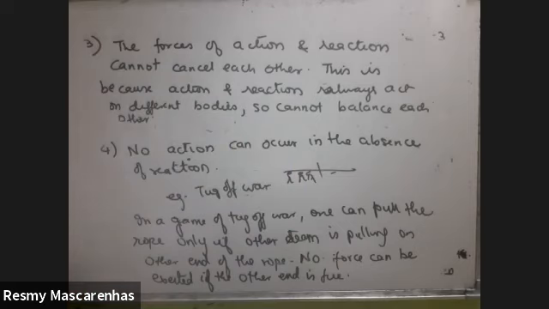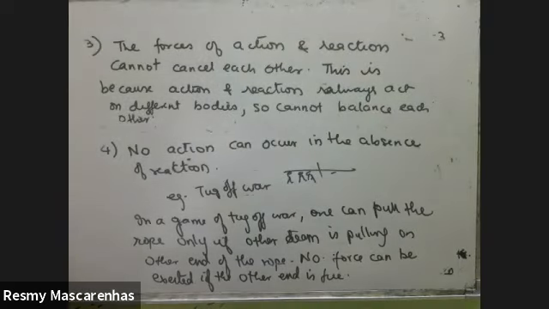So the rope will automatically come there. If the other end of the rope is free, there is no need for force to be applied. So it will not happen. The game of tug of war will be incomplete because no action can occur in the absence of reaction. So this is all about Newton's third law of motion.